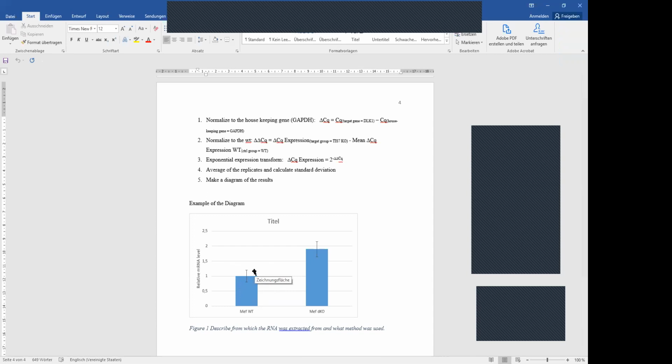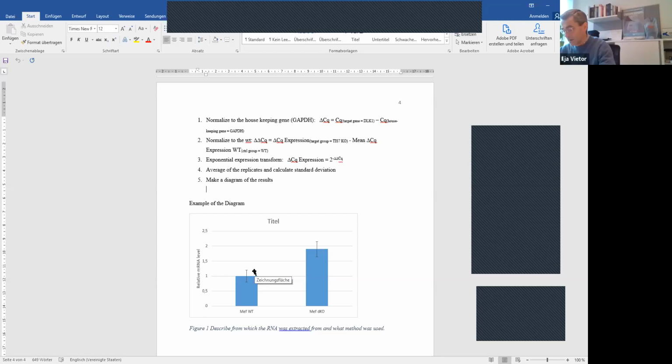But for the third step, then you have the delta CQ expression. You have 3 values and 3 values, then you have the mean. But is the mean value of this delta CQ expression for the wild type, does it have to be 1, or have we normalized it again to 1? Because in the graph there's an mRNA level 1 for the wild type.